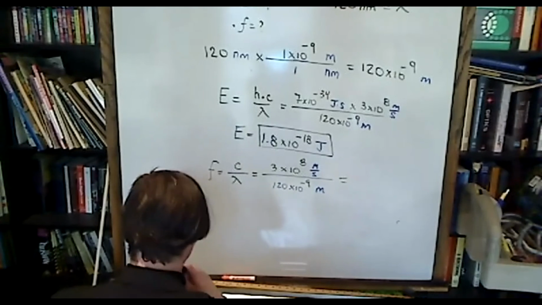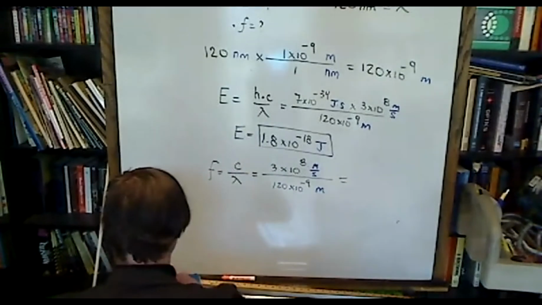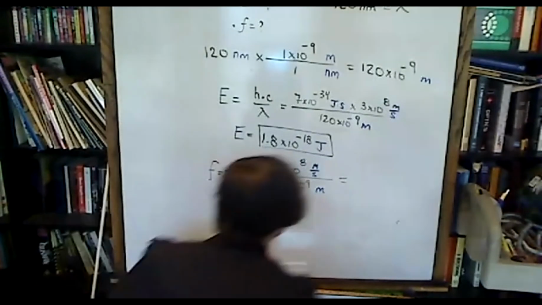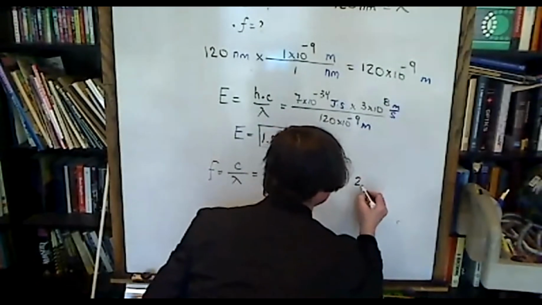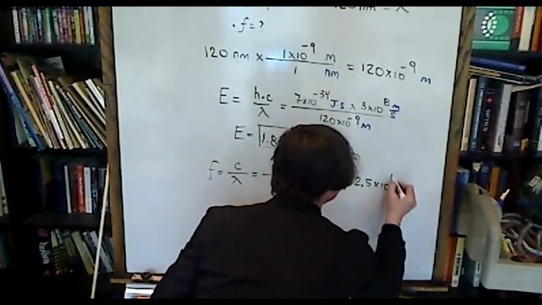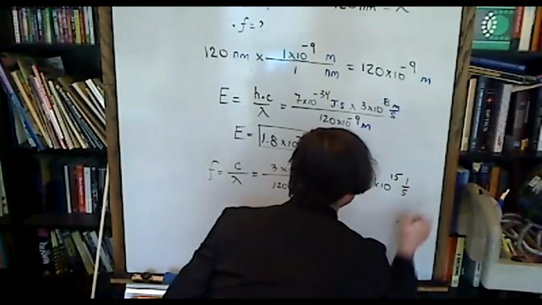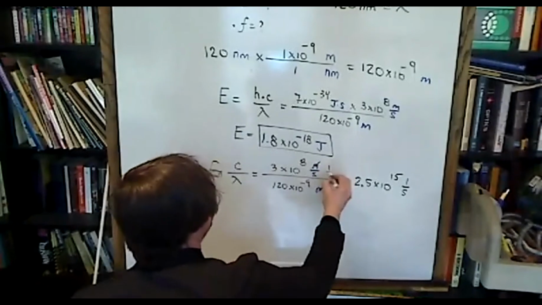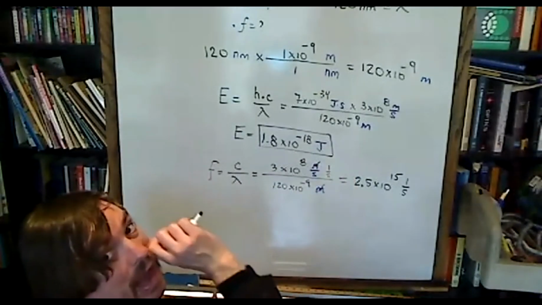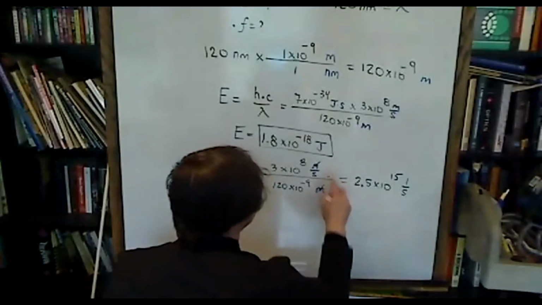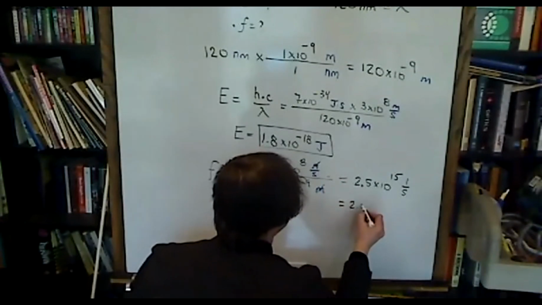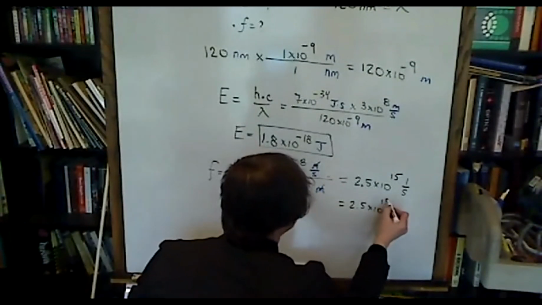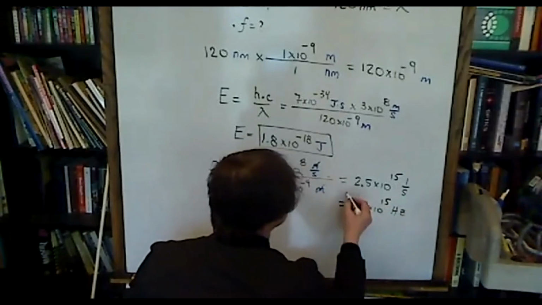2.5 times 10 to the 15 per seconds. Per seconds, yes, sorry, because meters cancel with meters, and that leaves you 1 over seconds, right? Correct. Which is the same thing as 2.5 times 10 to the 15 hertz. Oh, okay.